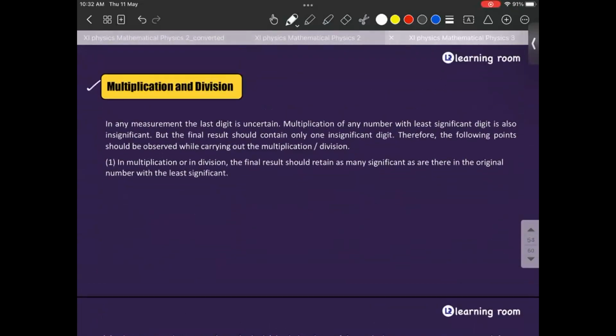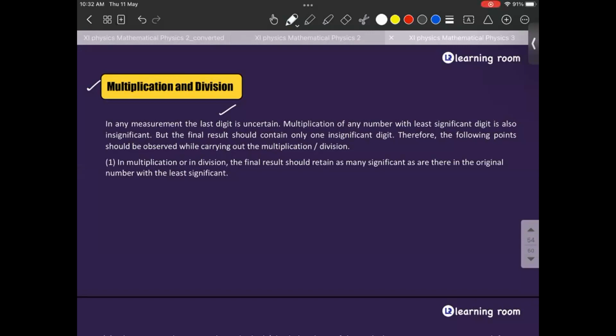Next, there is a possibility where you will be asked to multiply or divide two values, right? In any measurement, the last digit is uncertain. This we have known from the definition of significant figures itself. So multiplication of any number with the least significant digit is also insignificant.